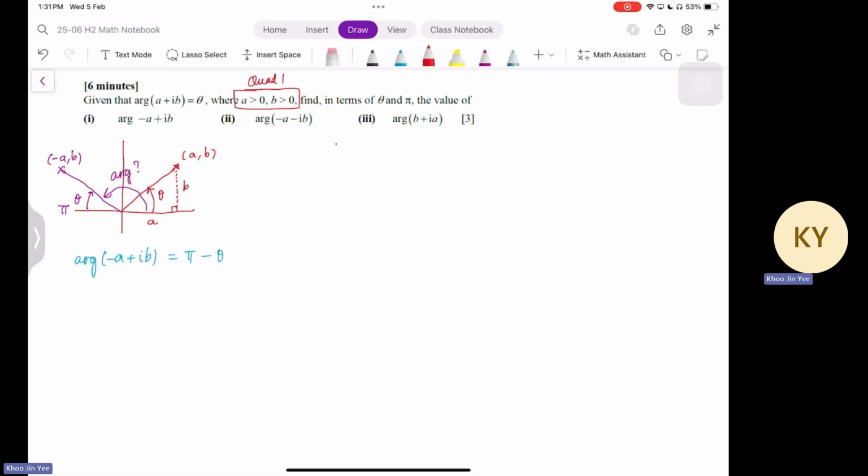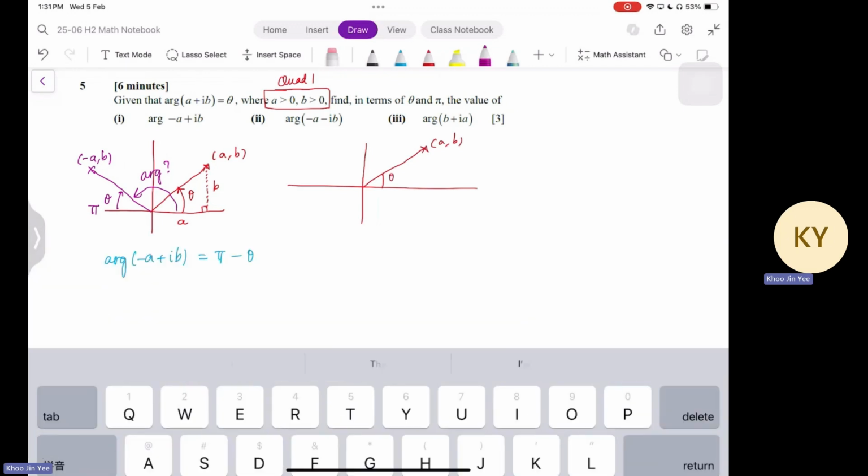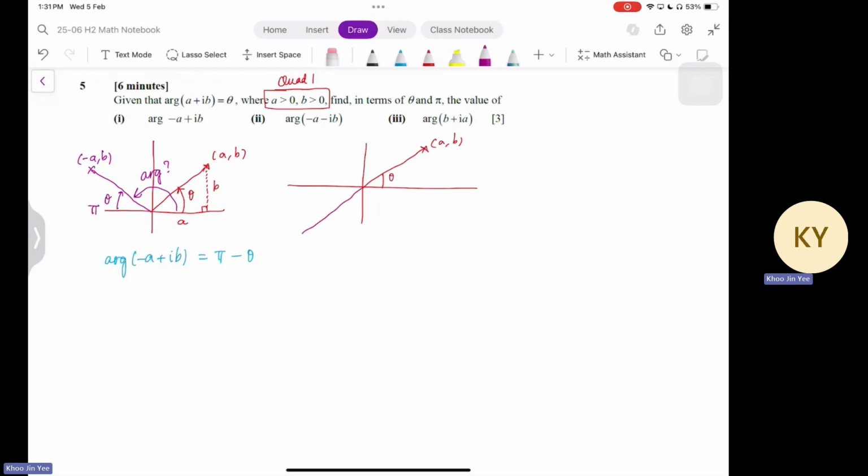Part 2, negative a and negative ib. Actually we are taking the negative of both these things. You have your a and b over here, this is theta, but the point we're referring to is somewhere here, negative a, negative b.